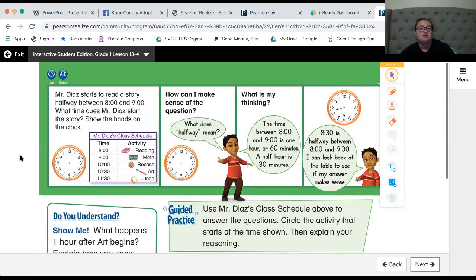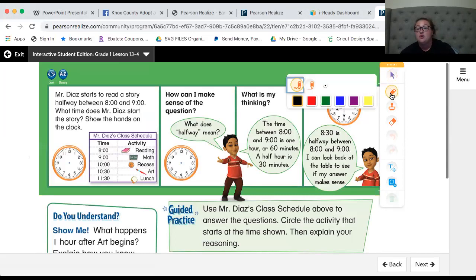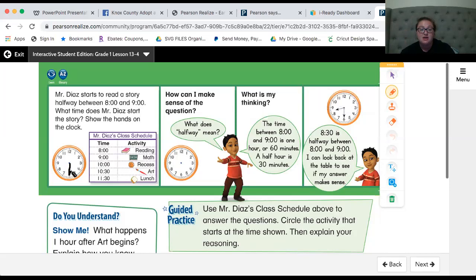This first box says, Mr. Diaz starts to read a story halfway between 8 and 9 o'clock. What time does Mr. Diaz start the story? Show the hands on the clock. Yesterday we learned that the word halfway means 30 minutes, so my minute hand, my long hand, would go down to the 30.